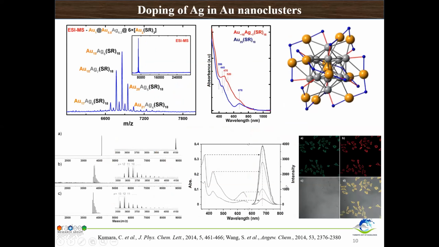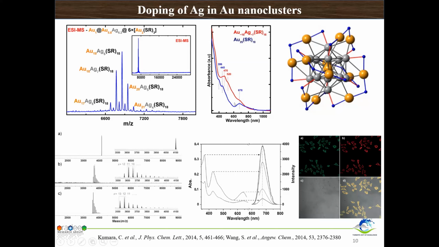Silver doping in gold nanoclusters is of interest because the atomic radii of gold and silver are nearly identical. In order to understand the effect of silver doping in gold nanoclusters, Kumara et al. synthesized gold-silver alloy nanoclusters by a co-reduction synthetic method.